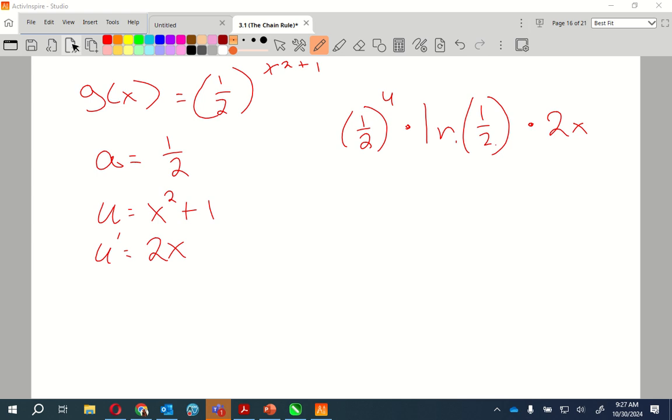And let's go ahead and put it back, and I'm going to put that out front. What's going to happen? I'm going to have 2x times quantity of 1/2 to the x squared plus 1 times ln of 1/2.